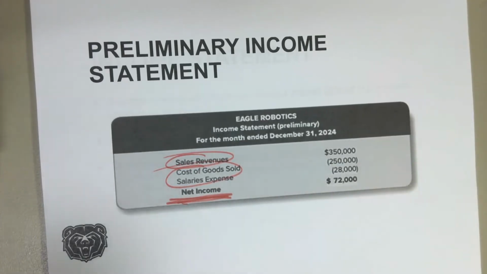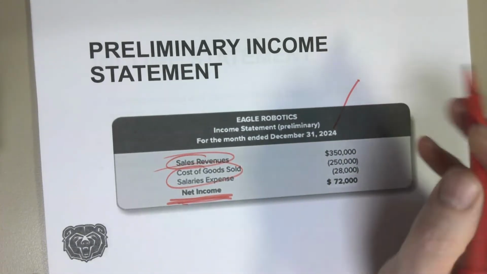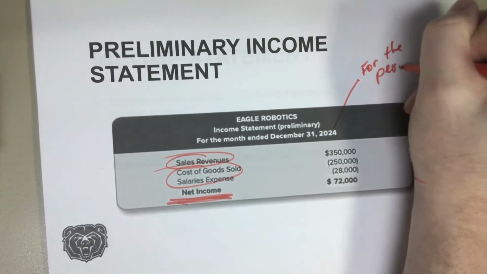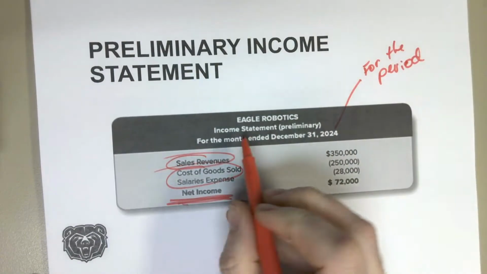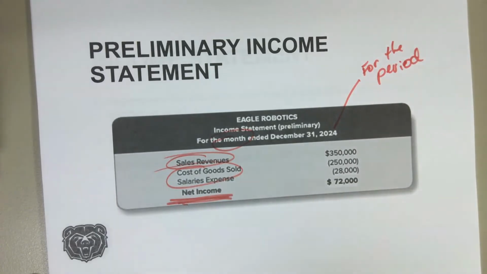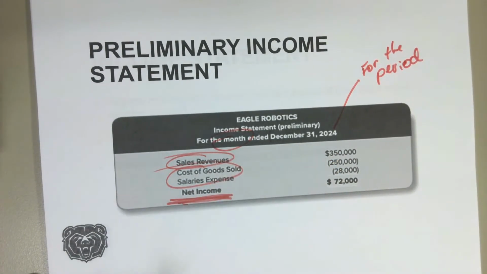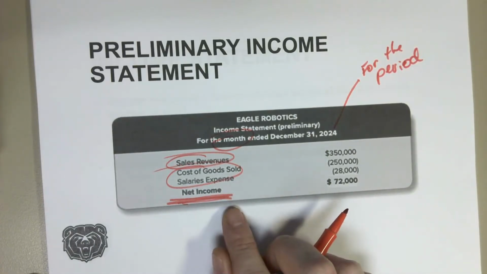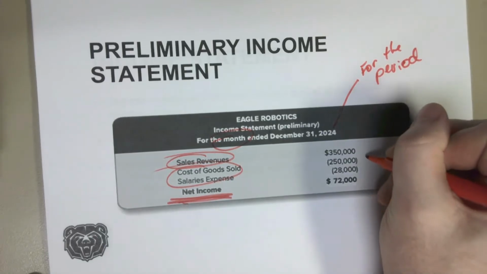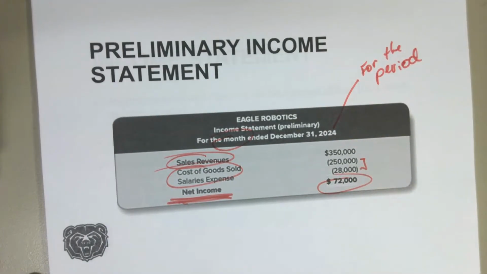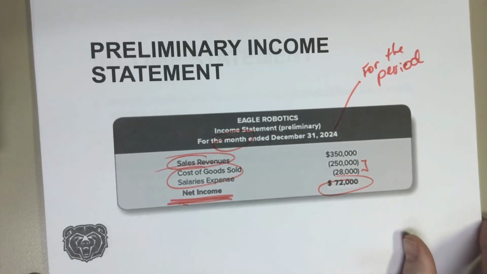Now, what this means to us is that over the course of this year, remember, for the period, and in this case, they're talking about a month. I'll say year a lot because that's typically what you see, but in this case, they're talking about the month. But for that month, Eagle Robotics, their revenues exceeded any of their expenses, giving them net income. Okay, so that's a preliminary income statement.